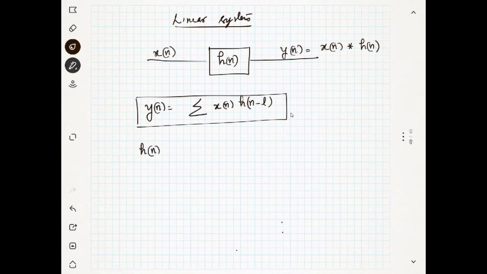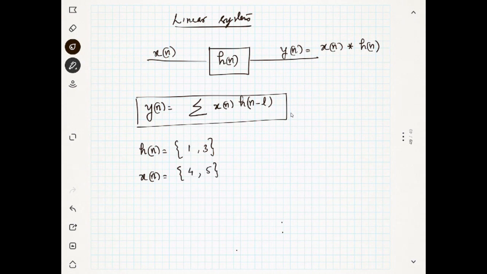Let us assume that we have a system which is represented by 1 and 3. I have an input which is represented by maybe 4 and 5. This is my input.